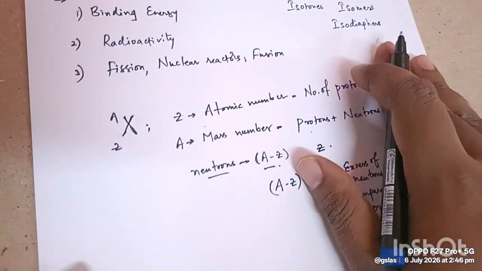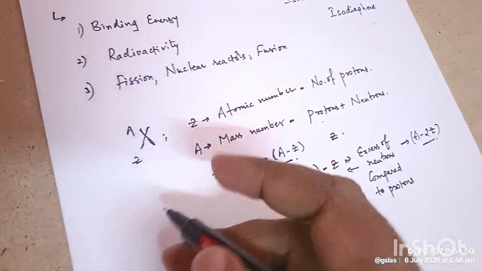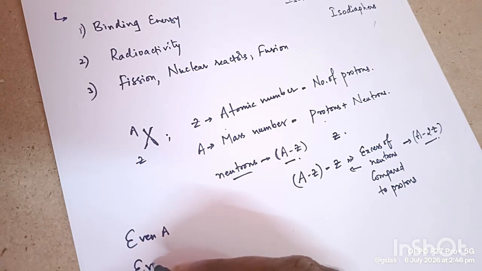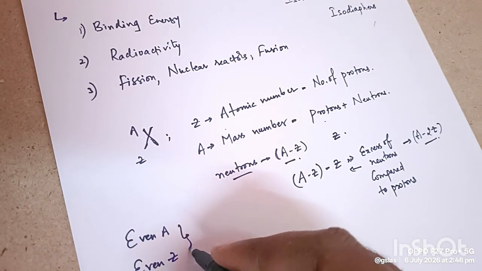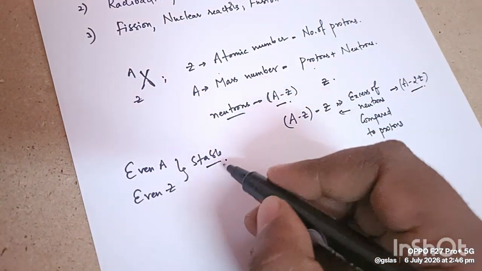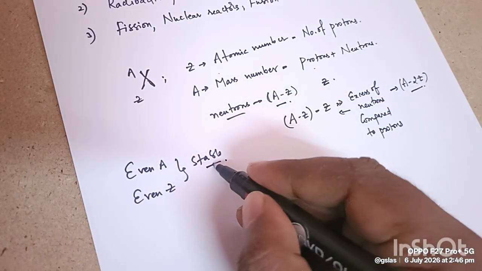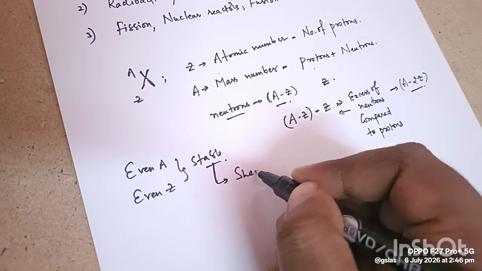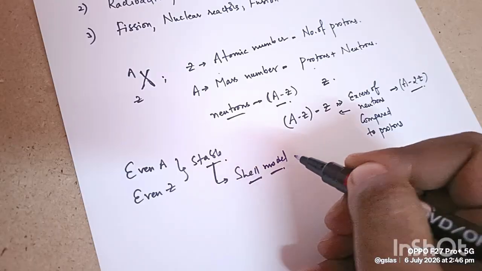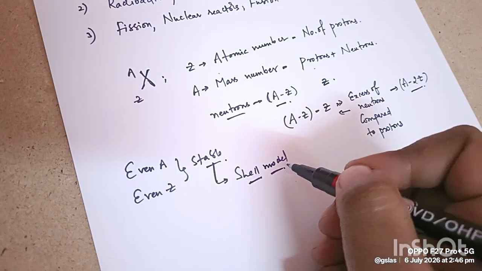So usually even A and even Z, they're the most stable. This we say from the shell model, right, which is usually discussed in later classes.